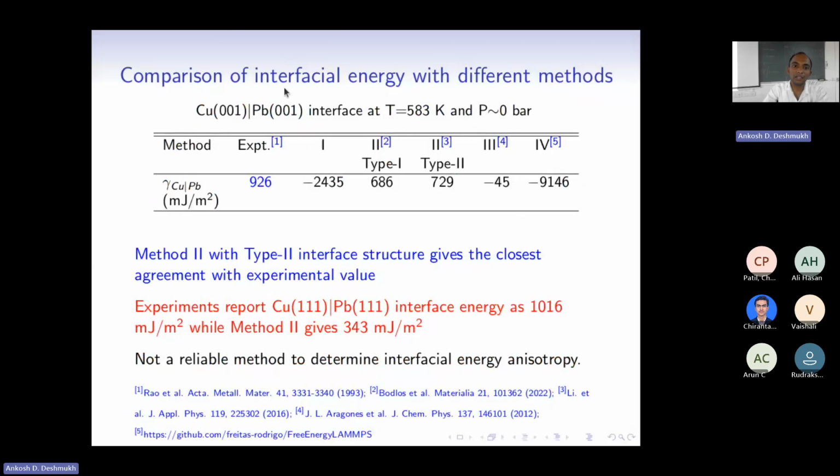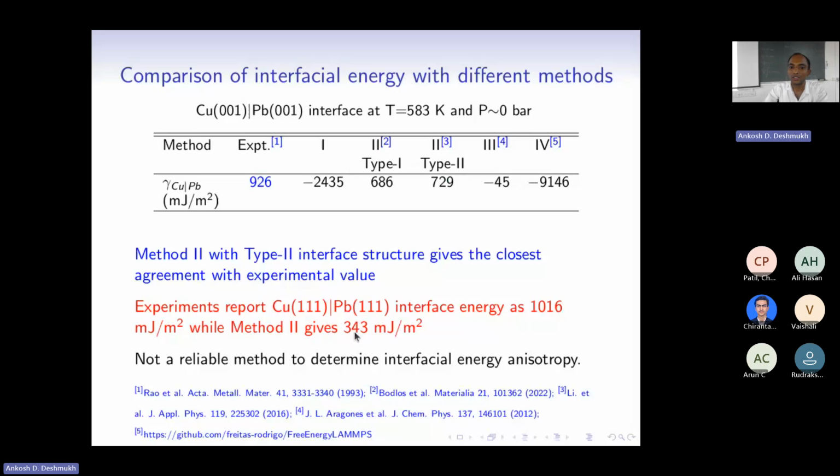If I compare all methodologies and types of structure, I found that method 2 with the type 2 interface structure gives the closest agreement with the experimental values. But that is for one case; for the other case the value is much lower.